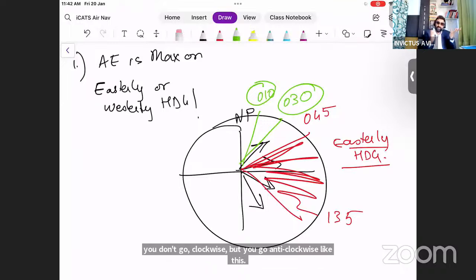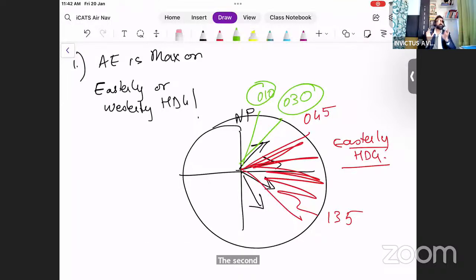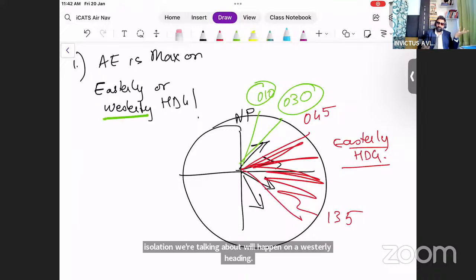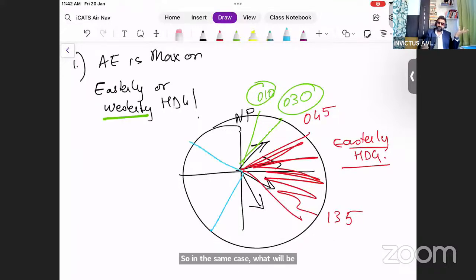The second case where acceleration error is maximum will happen on a westerly heading. In the same way, the western sector is generally 225 to 315. So what does it mean?